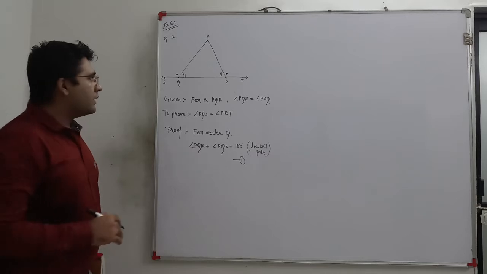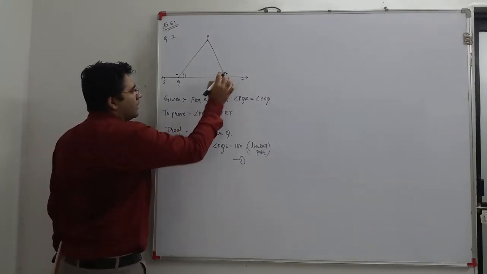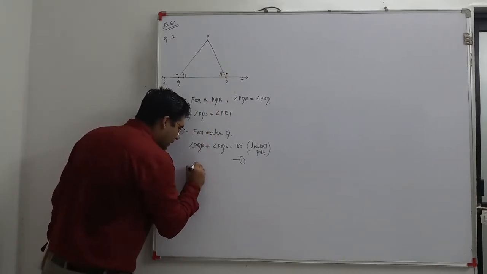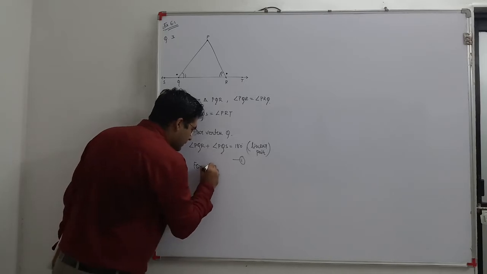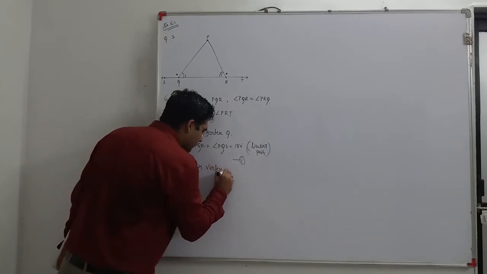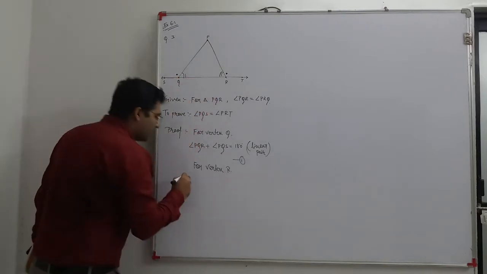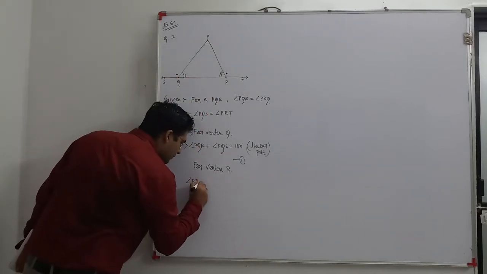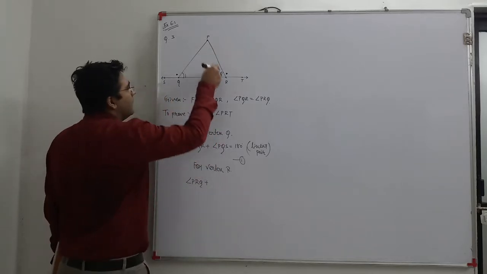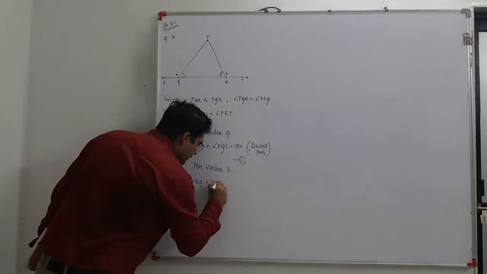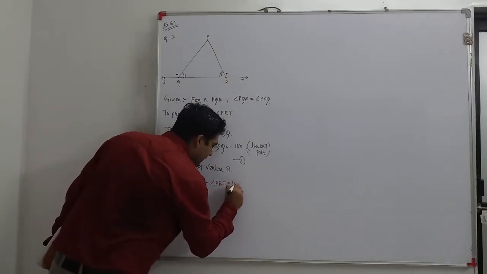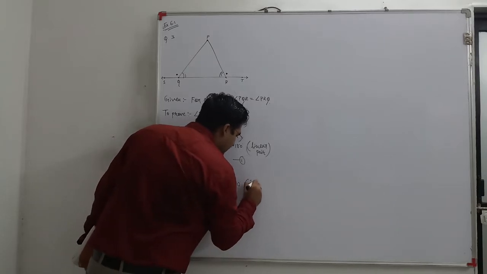Now if we move toward the other side, I have another vertex, that is vertex R. For vertex R, angle PRQ plus angle PRT is equal to 180 degrees. Why? Due to linear pair.